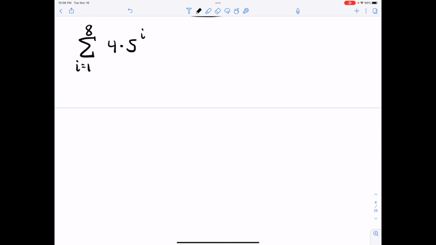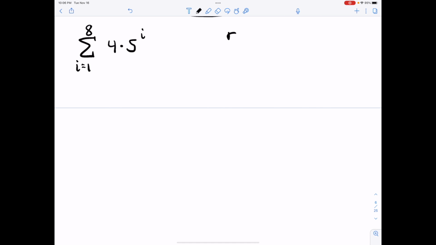And you could sit there and you could find them. You could do 4 times 5 to the first, 4 times 5 squared, 4 times 5 cubed, 4 times 5 to the fourth, etc. until you got to 4 times 5 to the eighth, and then added up your results. Or you could use the fact that this is technically a geometric series.